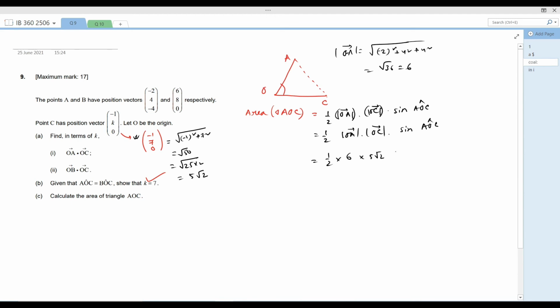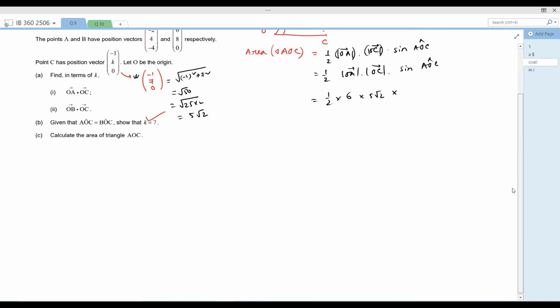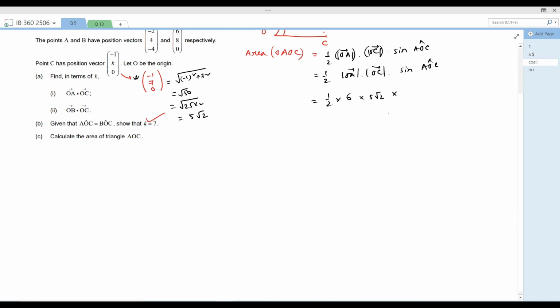Now we need to find out sine of angle AOC. To find the value of the sine of this particular angle, we will use the normal Pythagorean formula, sine square theta plus cos square theta equals 1. So we have cos in our hand. For cos of angle AOC, this is nothing but OA dot OC divided by mod of OA into mod of OC, and OA dot OC we have in our hand. Previously we calculated OA dot OC to be 2 plus 4k.